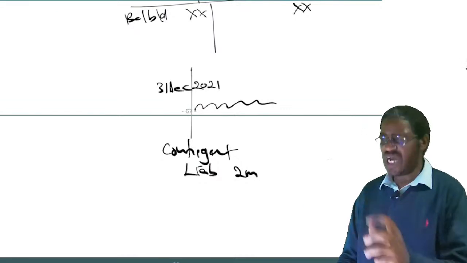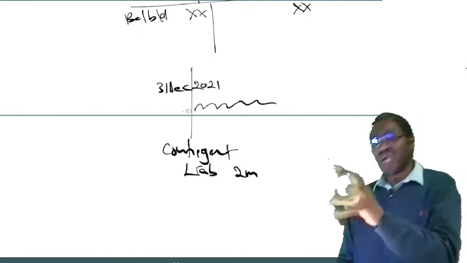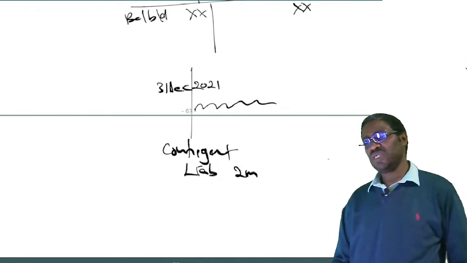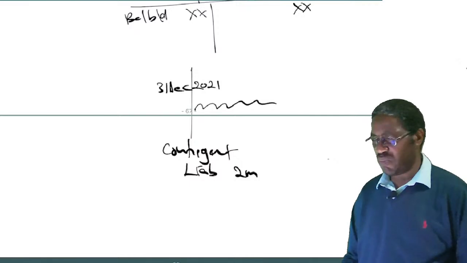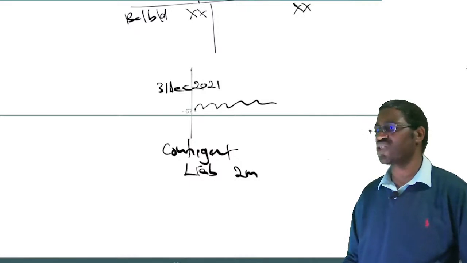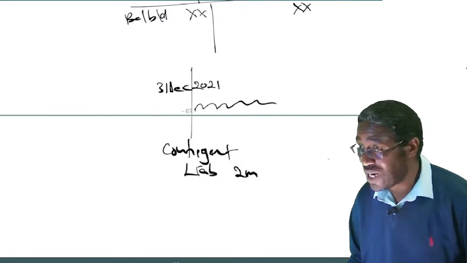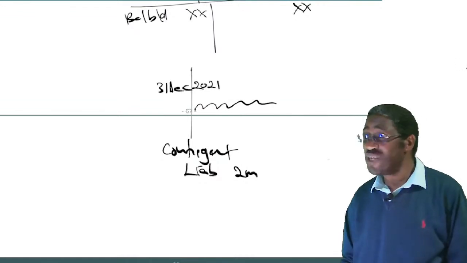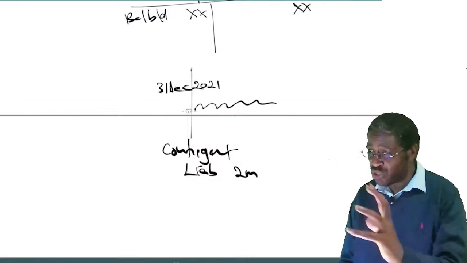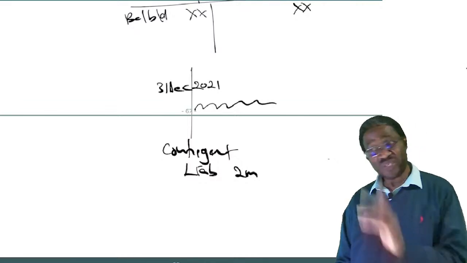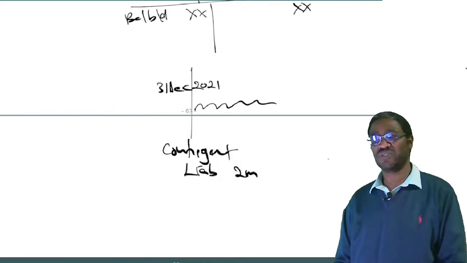Now, we have given a court case, for example. But as you are gathering this information, if I go to the balance sheet of this company as at 31st of December 2021, I'm not going to see a liability of 2 million. In the balance sheet, it will not be there. But we are likely to pay that 2 million.